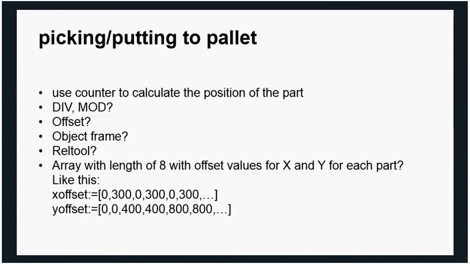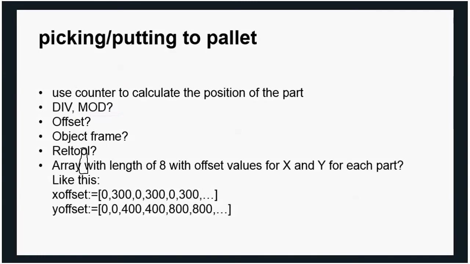And also, if you don't like to use div and mod, you can maybe create a long array and just hold the offset values, so for x and y for both pallets. So let's see. If you want to pick the first part, you will use the first part of both arrays as offset, so it would be 0 and 0.